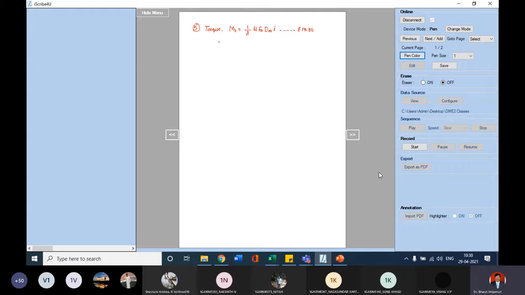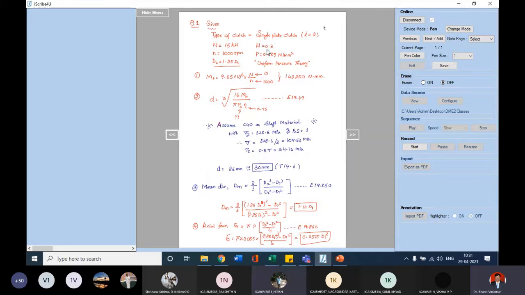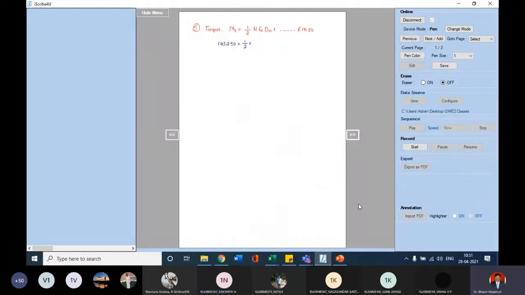Once you have got this, you will end up in this one. So what is Mt which we have already found? 143250 will be equal to half into mu value, he has given. How much has he given the value of mu? 0.3, coefficient of friction 0.3, into the value of FA we have got as 0.0375 d1 square, multiplied by 1.13 d1 as dm, and i is equal to 2.